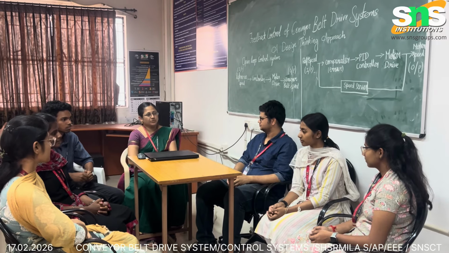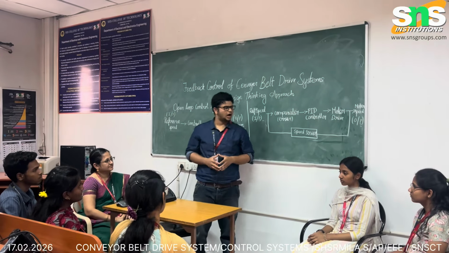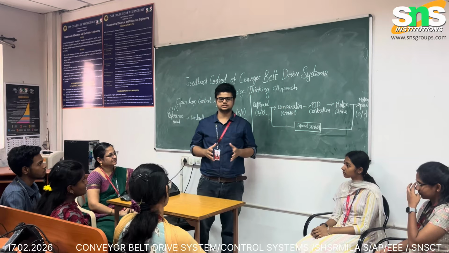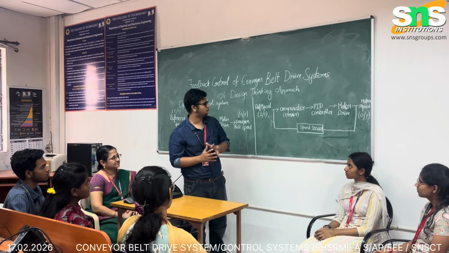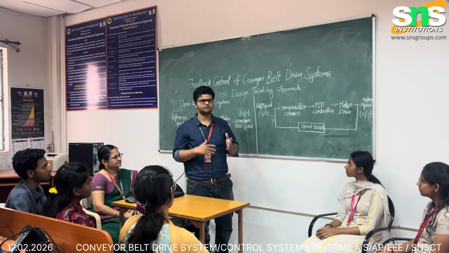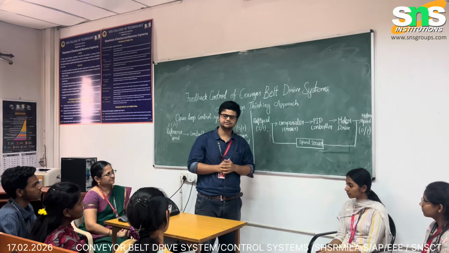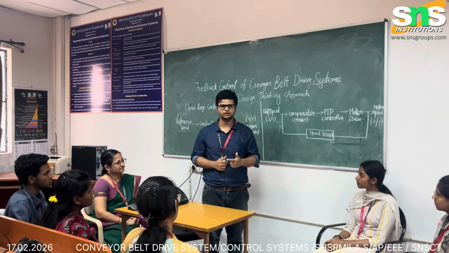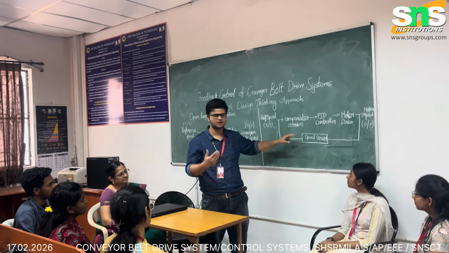Now let's move on to the prototype stage. Here we explain how we are going to build a closed loop conveyor belt. First, let's take a reference speed of around 1500 RPM. Then we will use a tachometer or encoder as a speed sensor, which acts as the feedback sensor.